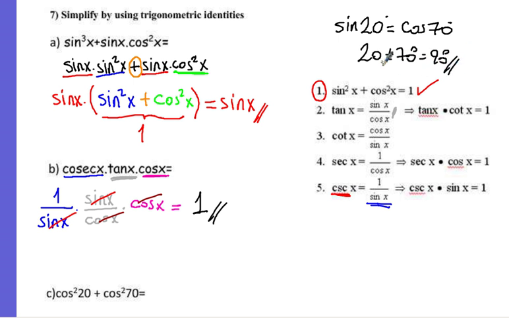Whenever the sum of two angles is 90 degree, cofunctions of these angles are equal to each other. So sine 20 is cosine 70, sine 70 is cosine 20, tangent 20 is cotangent 70, tangent 70 is cotangent 20, and it's true for secant and cosecant, cofunctions, sine and cosine, tangent and cotangent.